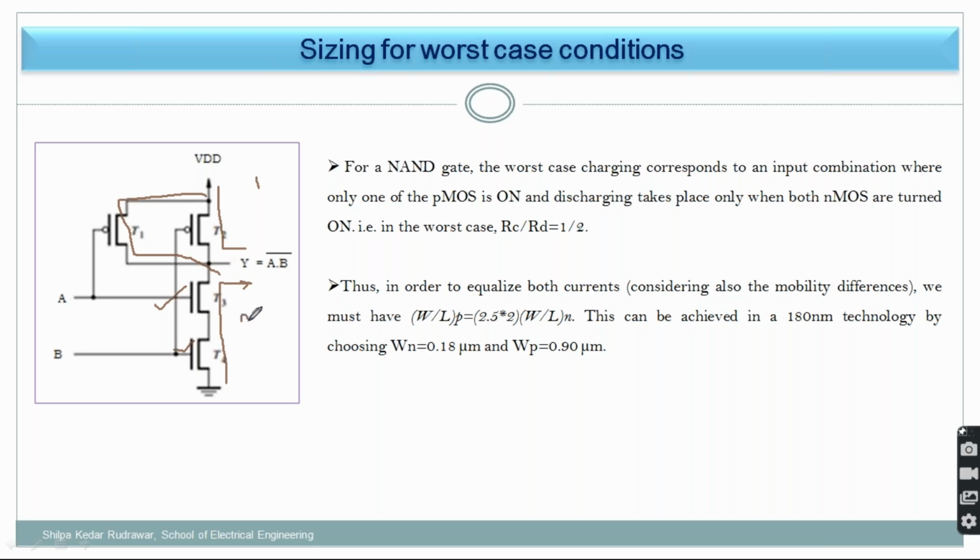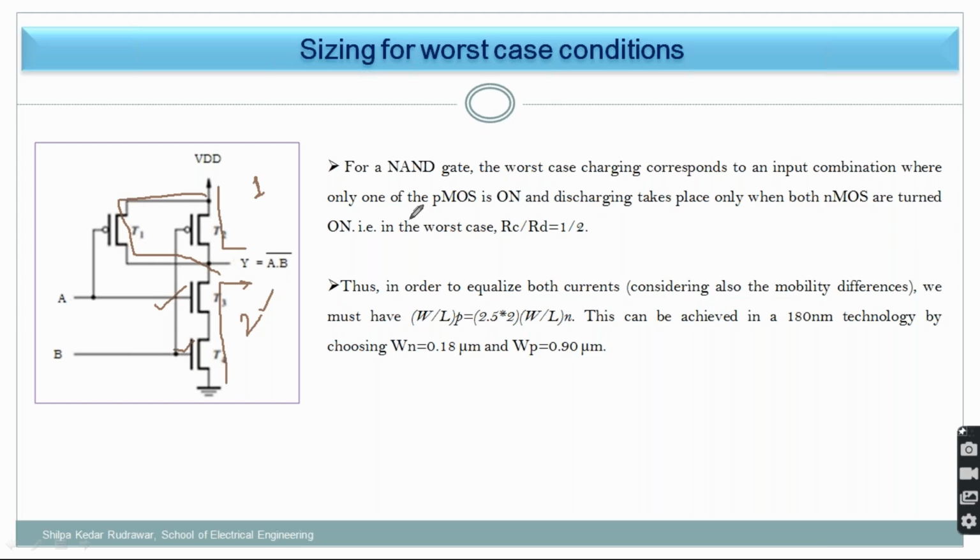I require both transistors to be on. If one of the transistors is off, then I am not able to get my path for discharging the capacitor. Hope you are understanding. Here I require only one transistor to be on for the capacitor to be charged, but as these are in series, I require 2 transistors to be on for the capacitor to discharge.